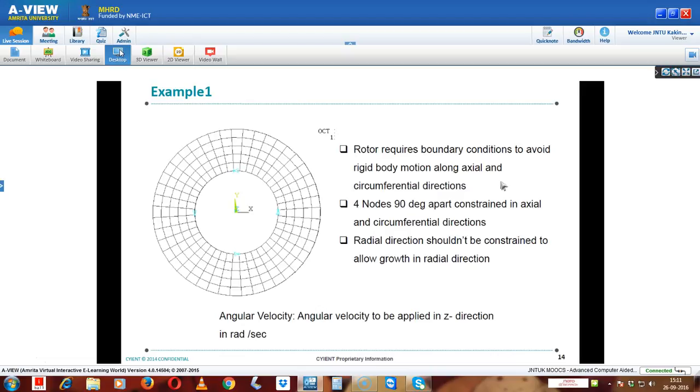Here it is very important for us to understand whether the boundary conditions we are giving make sense or not. It should be properly constrained, and it should not be over constrained.